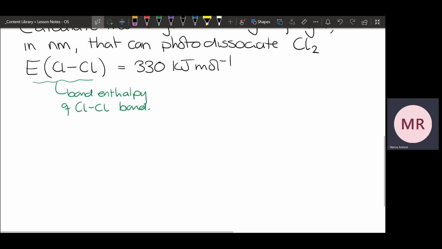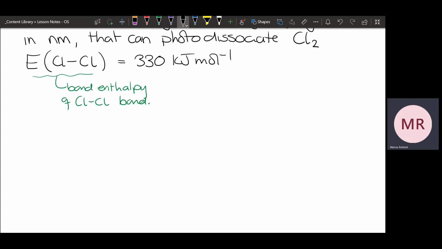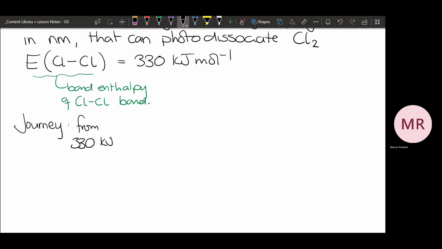Okay, right. So our journey is to go from 330 kilojoules per mole all the way to wavelength in nanometers.